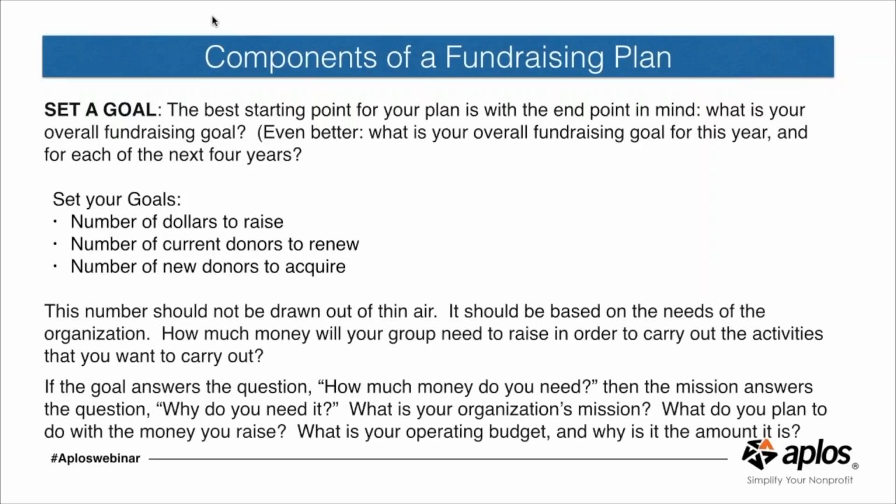It should be based on the needs of the organization. How much money will your group need to raise in order to carry out the activities that you want to carry out? Wouldn't it be grand if we all got $1 million from a secret donor? But really, how much do you need? What are you ultimately trying to do? Are you trying to just keep the doors open and the lights on, or do you have new programs you're trying to launch? Are you busting at the seams in terms of the needs of the services you're providing, whatever that is? Those are all the kinds of things we're talking about.